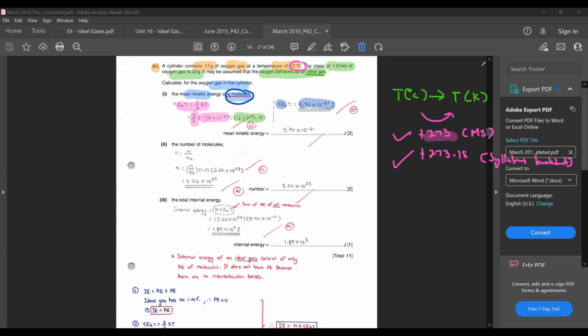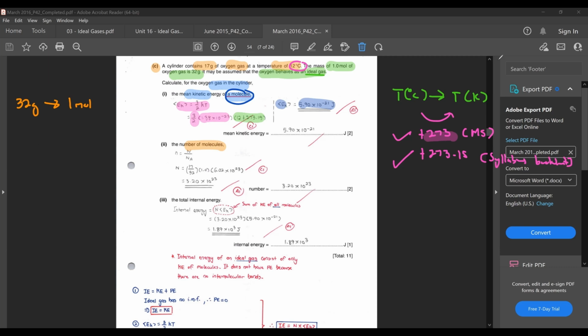Okay. Now the next one requires you to find out the number of molecules inside your gas right now. So you consider this now. 1 mole is 32 grams. Or maybe I shift it the other way around: 32 grams of oxygen gas is 1 mole.